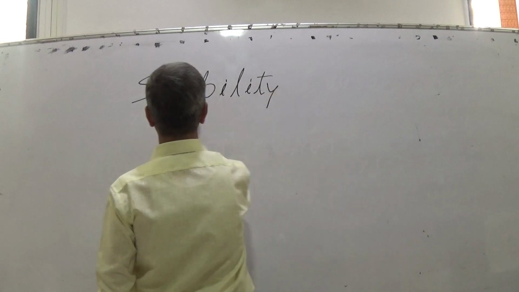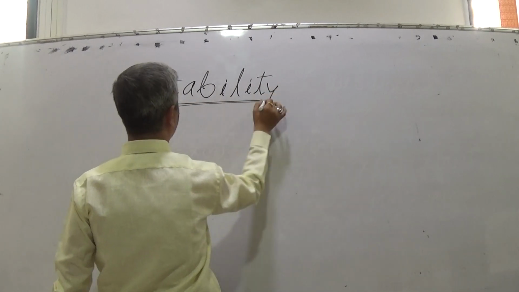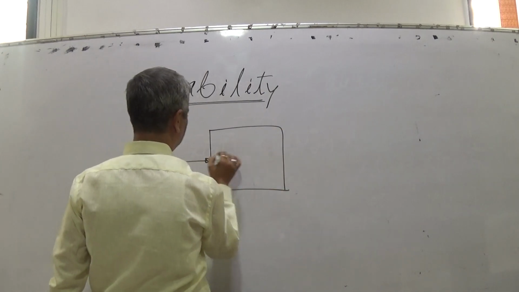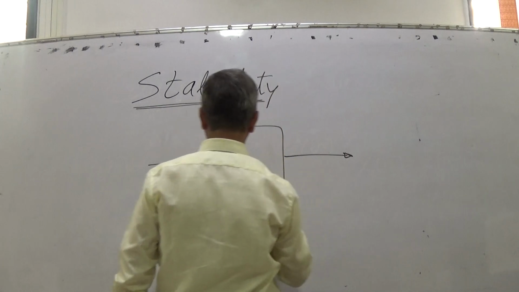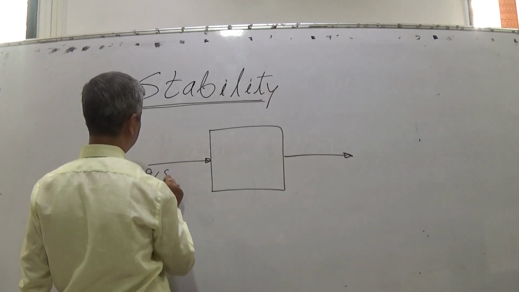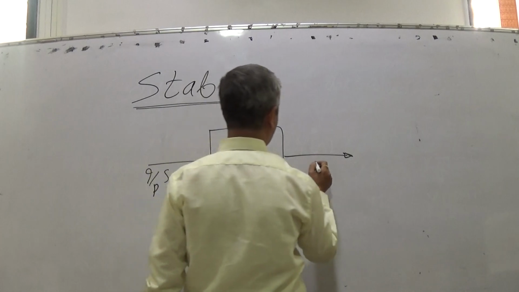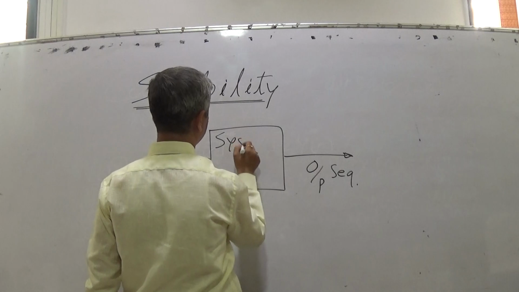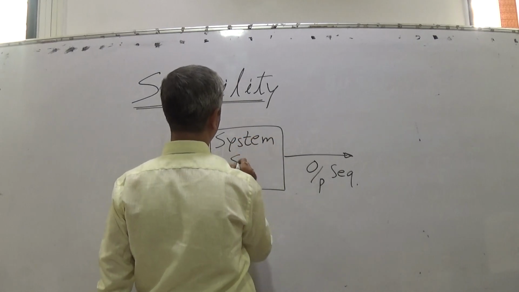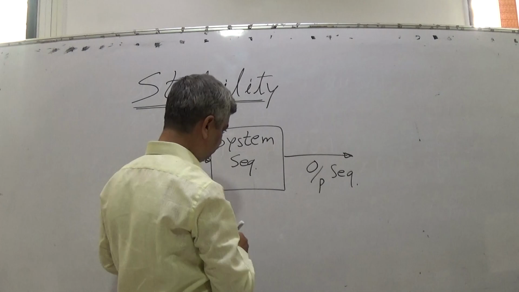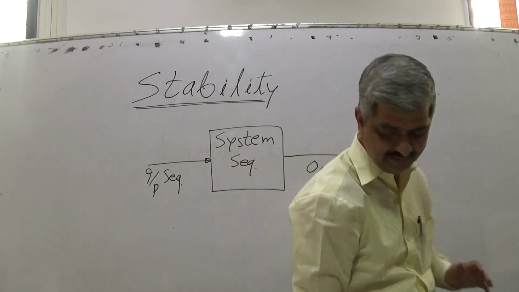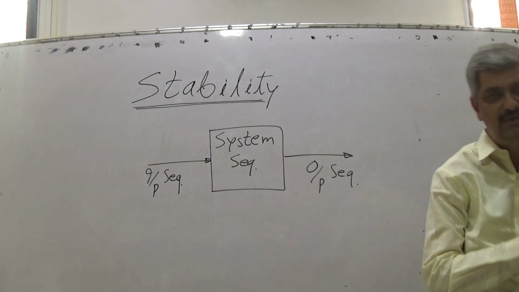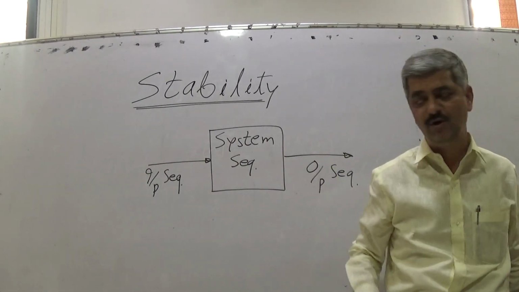We have a system, an input sequence and an output sequence. What we mean by a stable system, we will elaborate in the immediate next session, so run the next video for stability analysis.